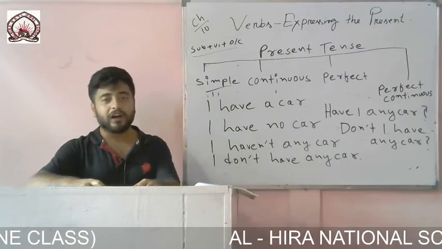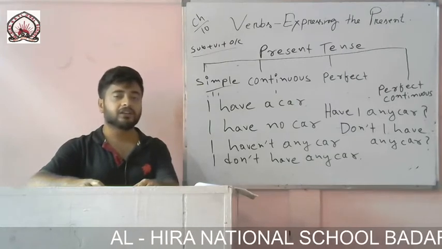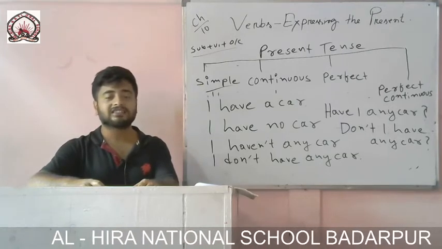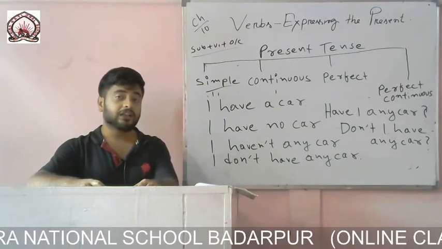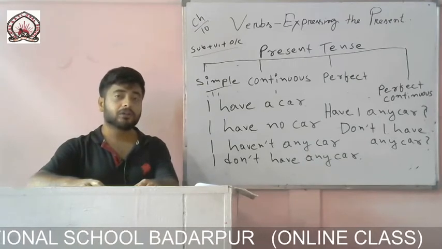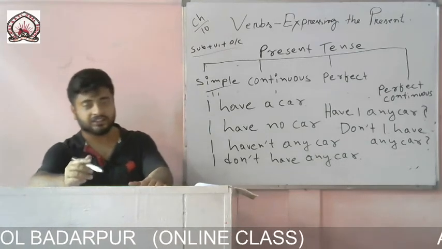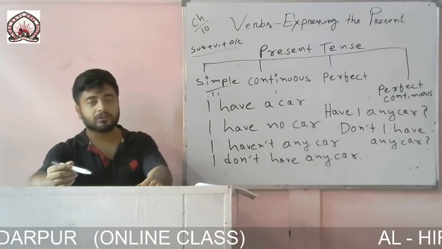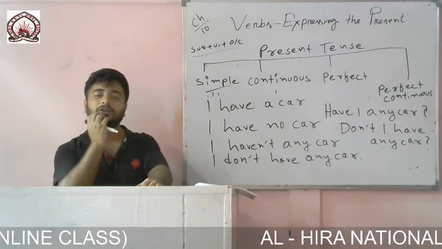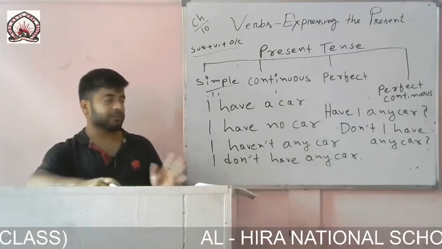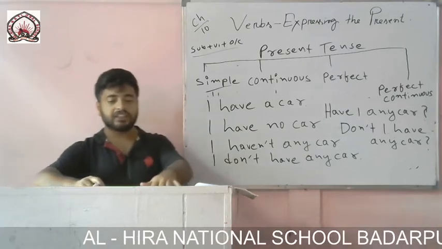And if we don't find a direct verb in the sentence, if we find verb be and verb have or has, how do we transform it? I have discussed this. So now the next is present continuous.